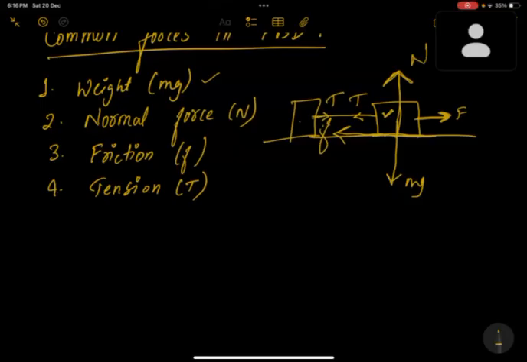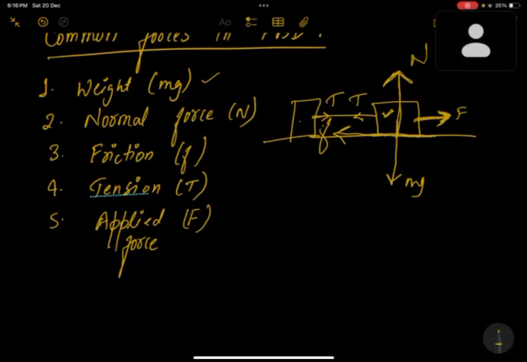So this is the tension. Wherever there is a string, you should always mark the tension. And fifth is applied force. Any force that the question says is applying, we will show that force. Let's say I am saying this force is applying on this object. So we will show that force.